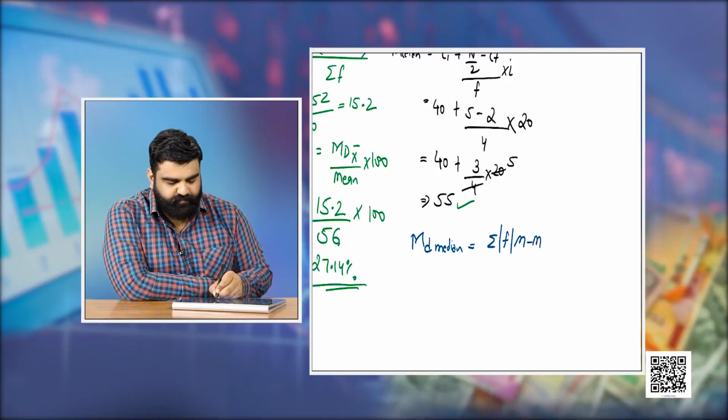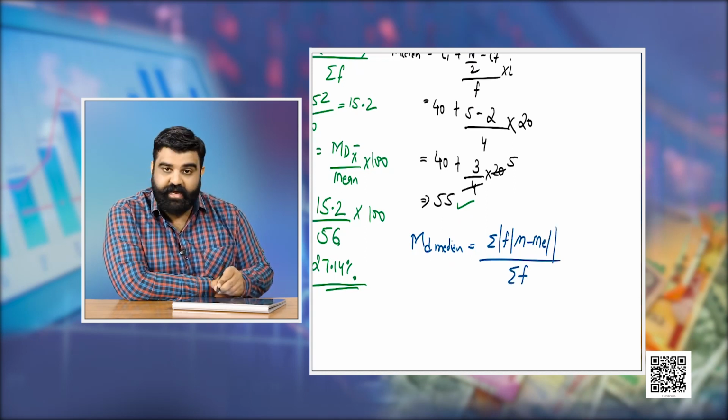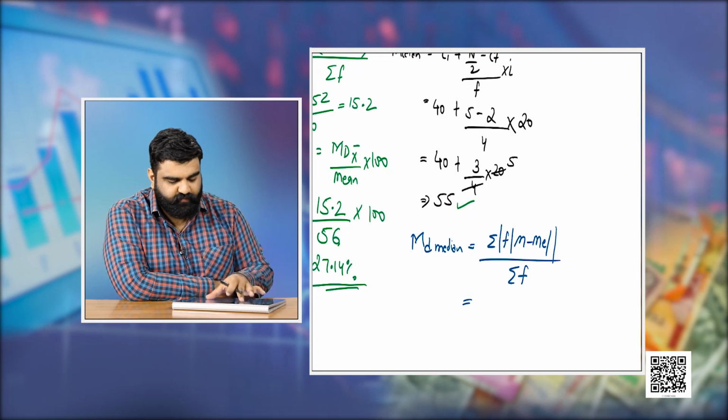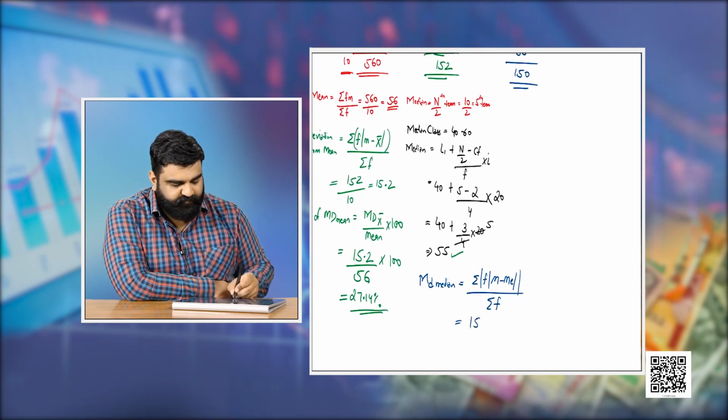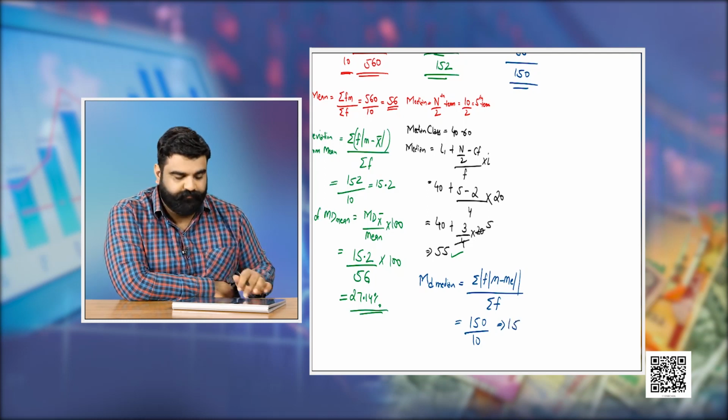So, now let us calculate the mean deviation from median, which is sigma f into m minus median upon sigma f, which will be 150 divided by 10, hence the answer to this will be 15.